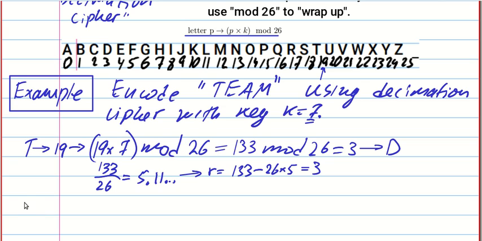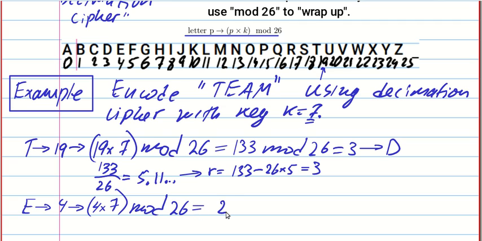So we're done with T. We go to letter E, and letter E has number 4. That means 4 times 7 mod 26.